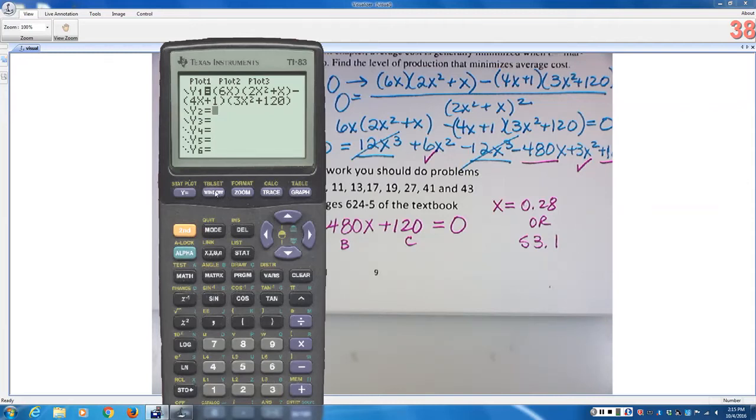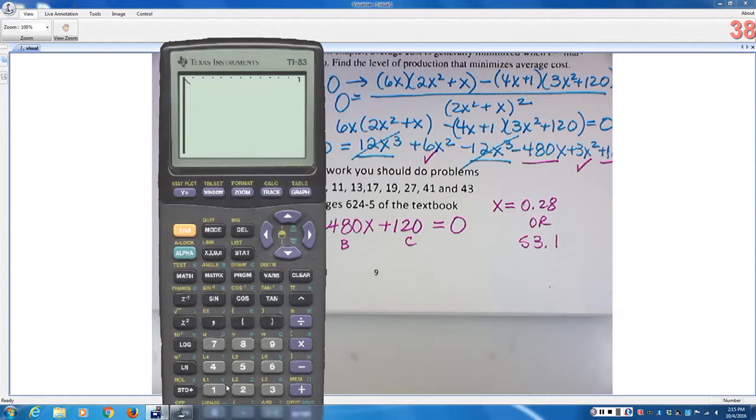So since I have a ballpark answer already, we'll set this up so we can see what we're doing. We'll go from 0 to, let's say, 60. And I have no idea what y needs to look like, so I'm going to do zoom 0 and let it fit y however it sees fit.